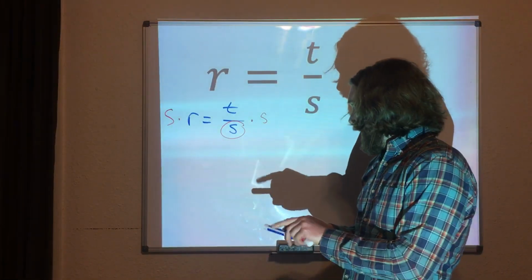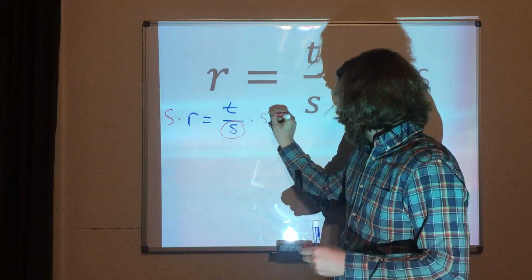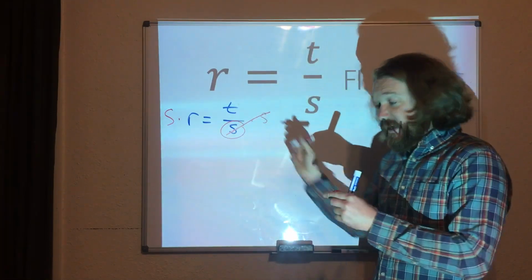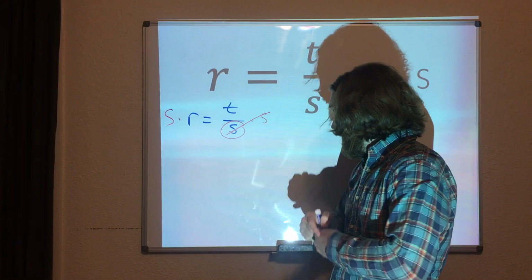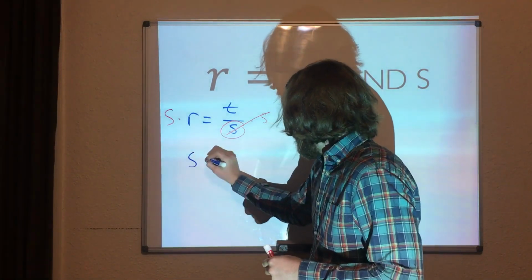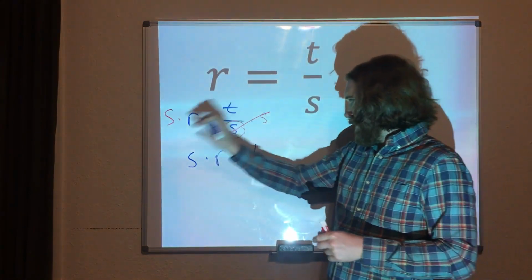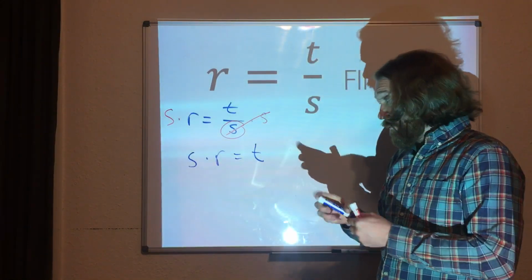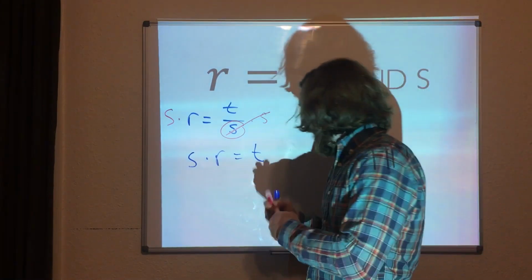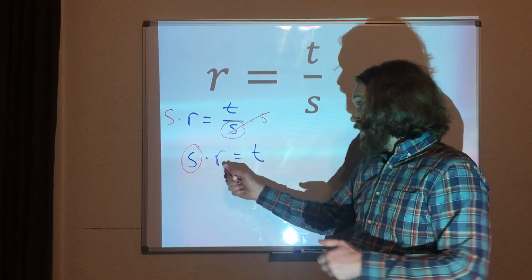So what this gives me now is s divided by s is 1. Okay? T times 1 is t. And on this side, I have s times r equals t. Right? T is by itself, and now the s is on this side. Now remember, I still want to get s by itself, so I have to move the r.